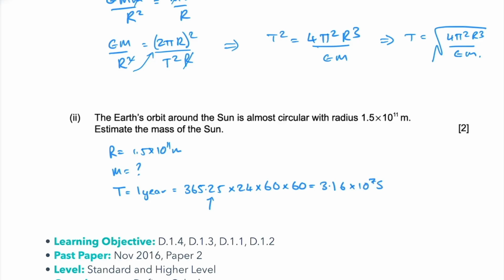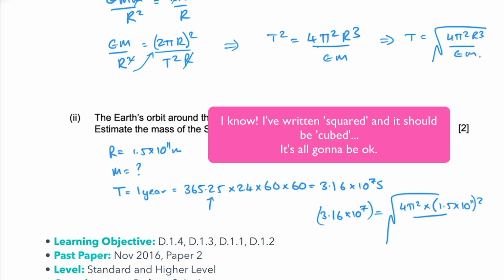Let's pop all of that information into our formula above. So 3.16 times 10 to the 7 equals the square root of 4 pi squared times radius cubed, 1.5 times 10 to 11 all cubed, divided by 6.67 times 10 to the minus 11 M.